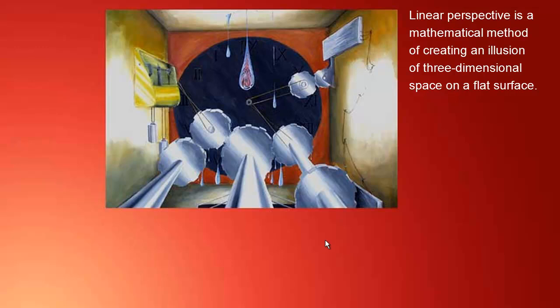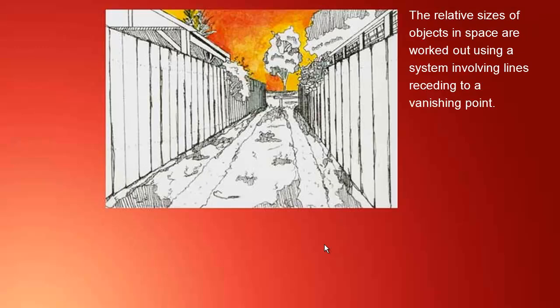Linear perspective is a mathematical method of creating an illusion of 3-dimensional space on a flat surface. The relative sizes of objects in space are worked out using a system involving lines receding to a vanishing point. So all of these lines, those ones, are all going towards a vanishing point, probably about here-ish.